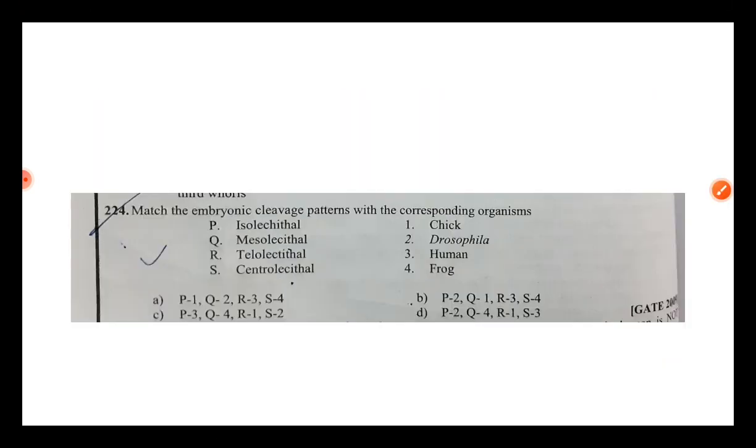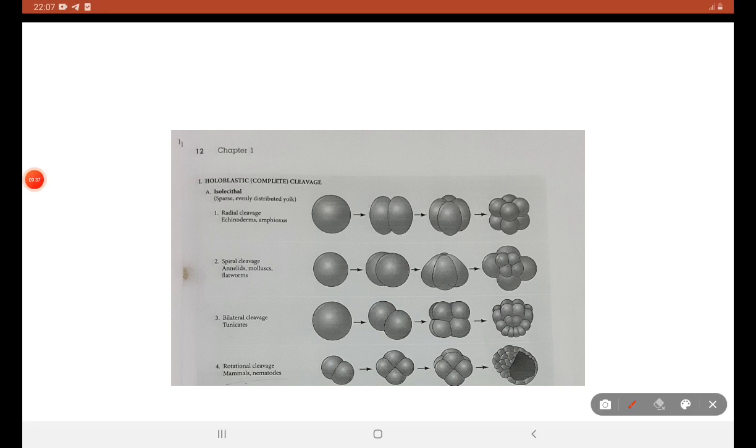Before solving this, let us have this idea. Holoblastic includes isolecithal: radial, spiral, bilateral, rotational cleavage. See this picture, this is how rotational will be. Bilateral cleavage, observe these pictures. Spiral cleavage, this is the picture.